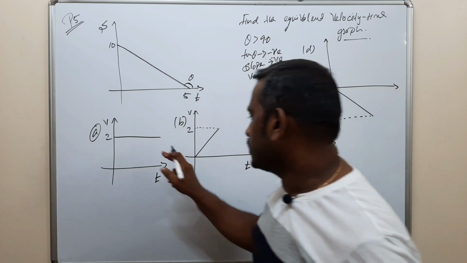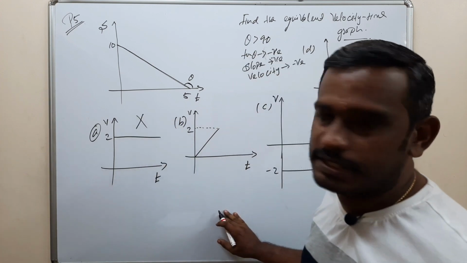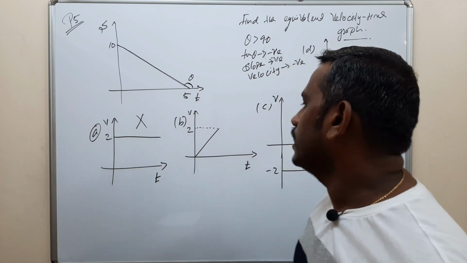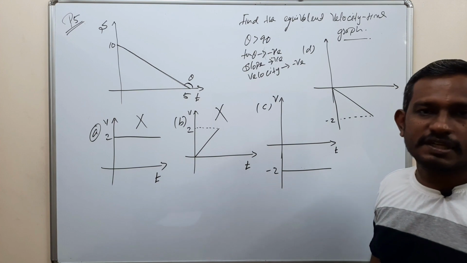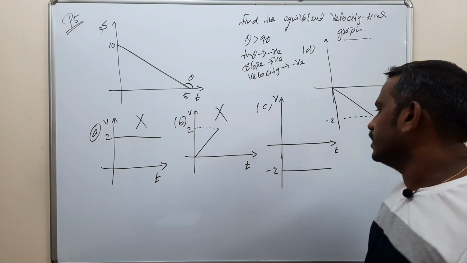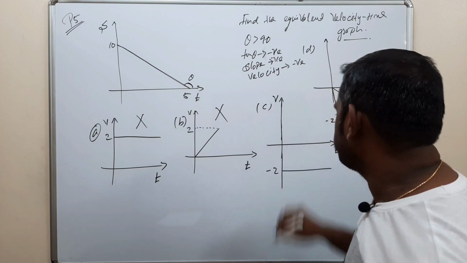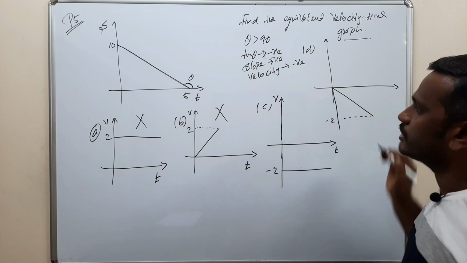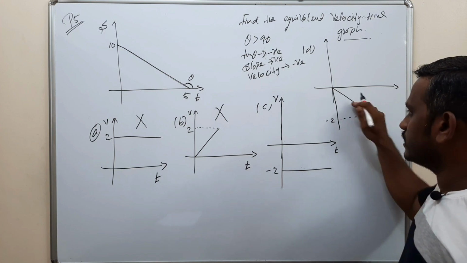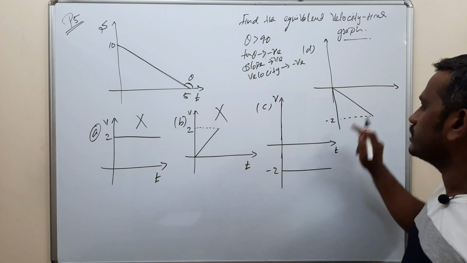Here the velocity is positive, so this is not the option. Here also the velocity is positive, so these two options are not the answer. Considering the other two options, in this option the velocity is negative and in this option also the velocity is negative. So it is this or this.